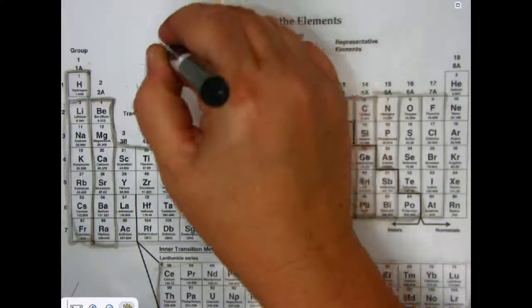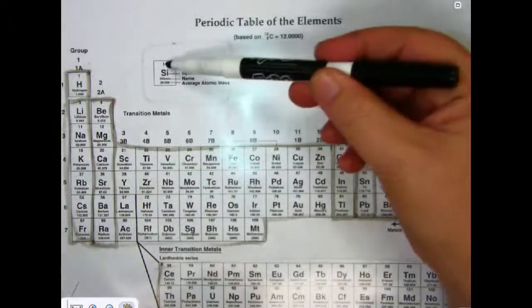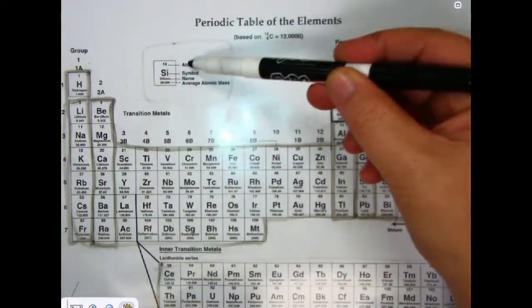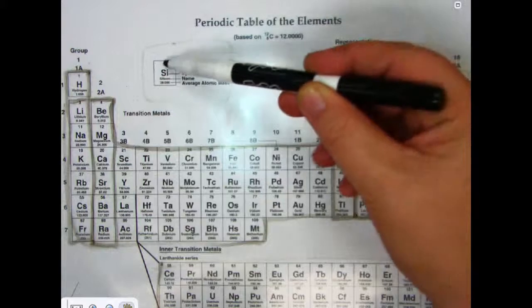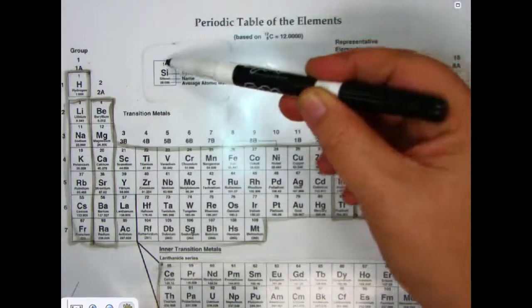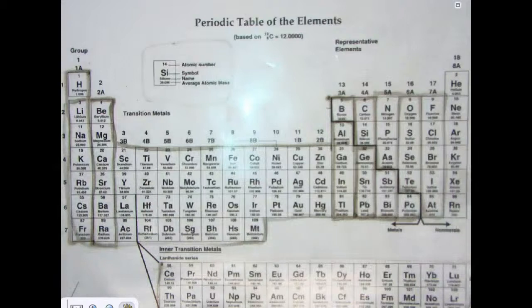We needed to understand that this is an element key, and that the number, the atomic number, is the number of protons and electrons, which are equal in a neutral atom. And we need to remember that when we're talking about atoms in the periodic table, the elements are considered neutral.